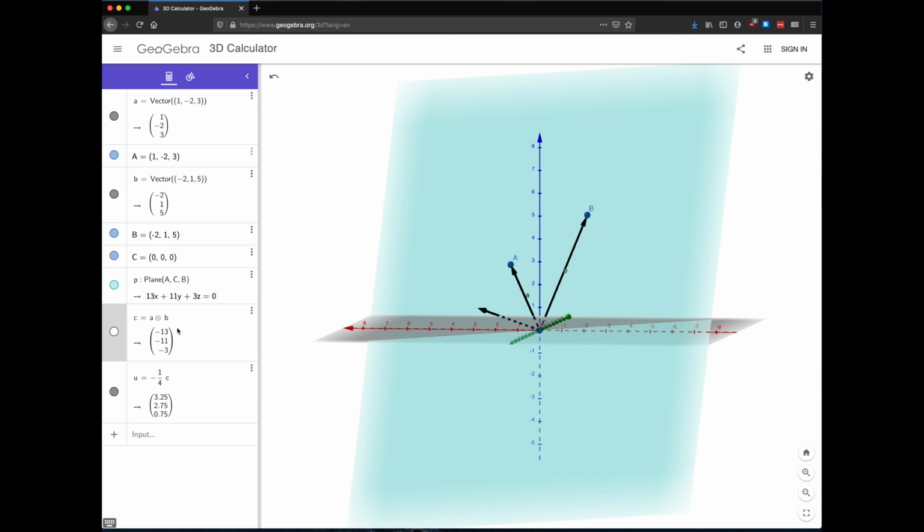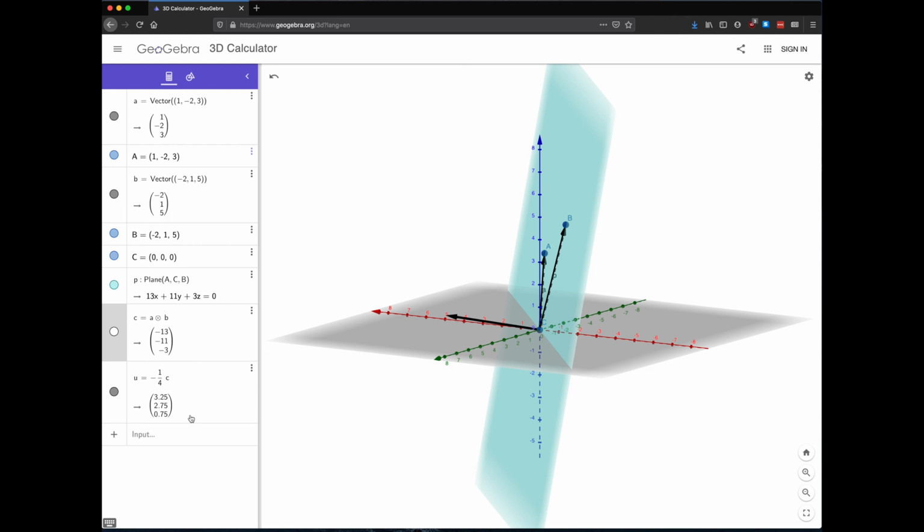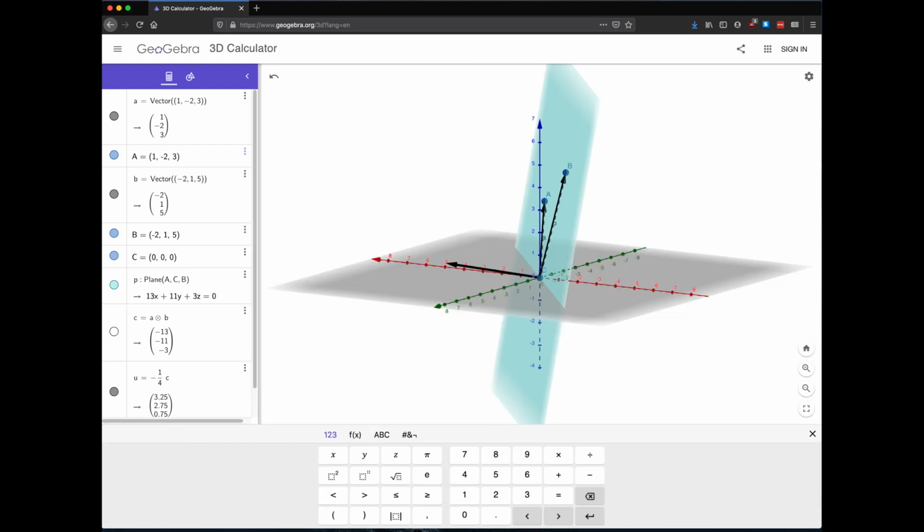And this is a scaled version of these coefficients. So if I use those same coefficients, 13x plus 11y, it's not on the screen, plus 3z equals 5.